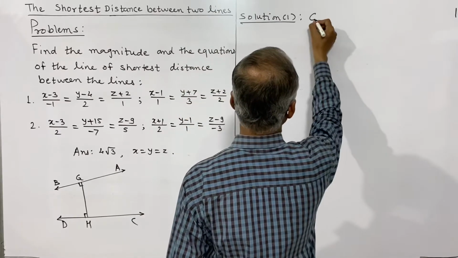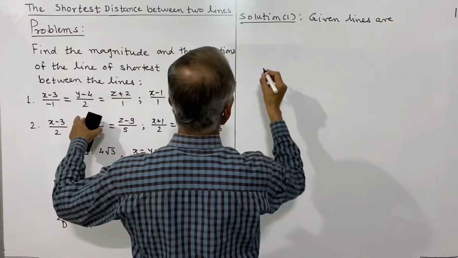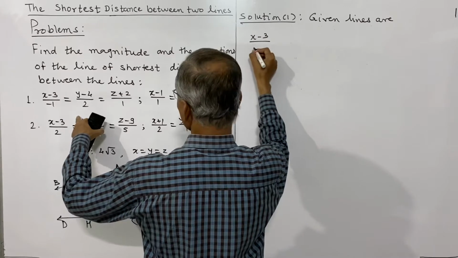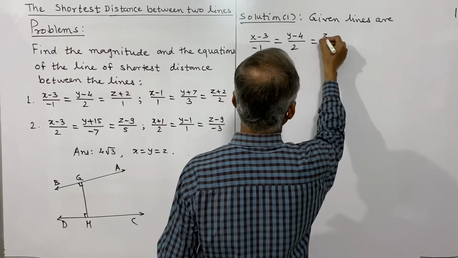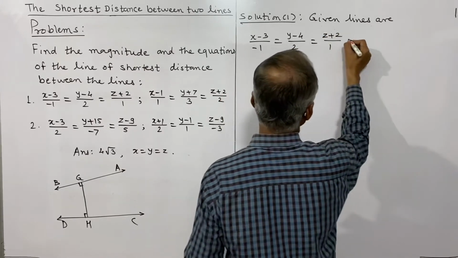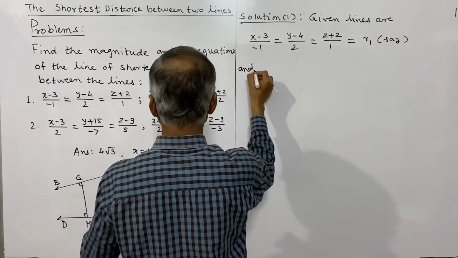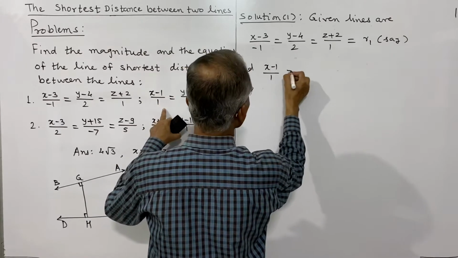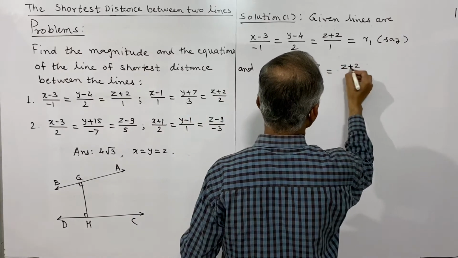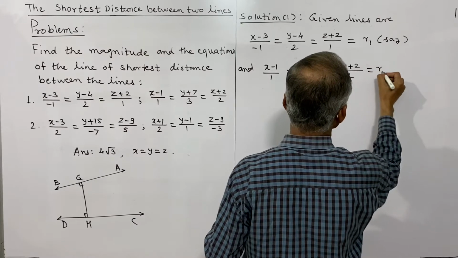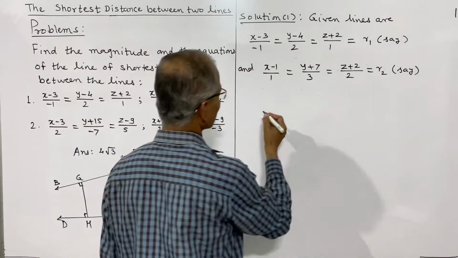The given lines are: the first is x minus 3 divided by minus 1, etc. We suppose this is equal to r1, say, and the second is... so the general coordinates of points.